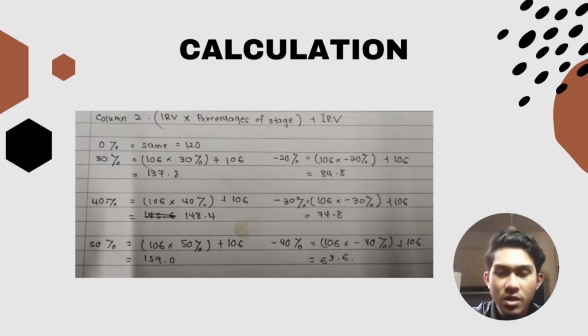The value for 0% is the same, which is 120. The value for 30 percent is 137.8. And here we can see the final values we have obtained after the calculation process is done.